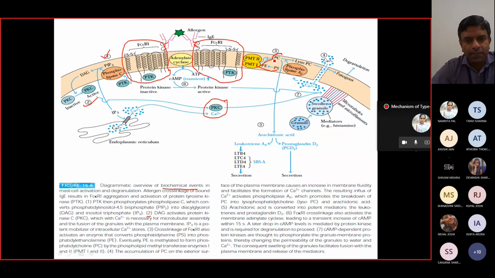Now your PC has increased. The accumulation of PC on the exterior surface of the plasma membrane causes an increase in membrane fluidity and facilitates the formation of calcium ion channels, right?